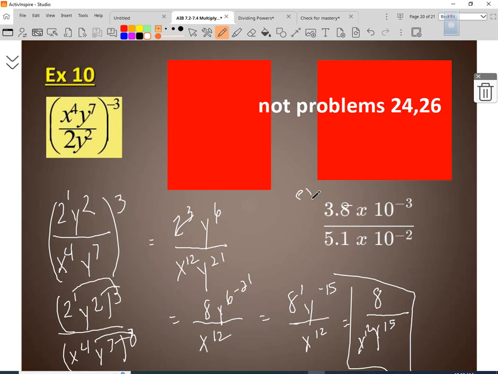So last one, I'm sorry, on your homework, 3.8 times 10 to the negative third power, put that in your notes. That'll be the last notes problem. Over 5.1 times 10 to the negative 2 power.